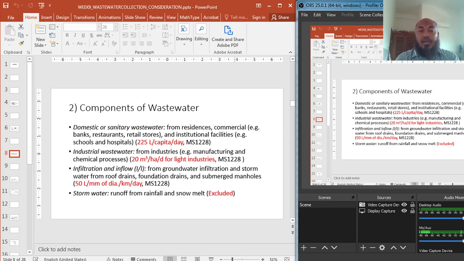If the industrial type is not considered light industry, we have to calculate it based on population equivalent, which is in the next slide.